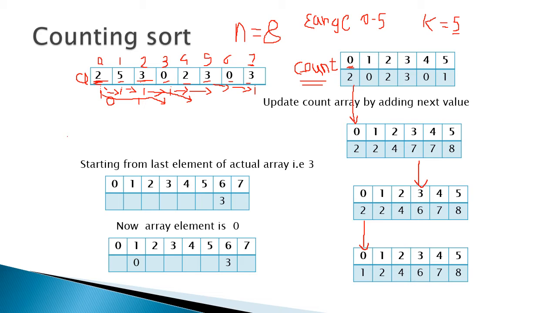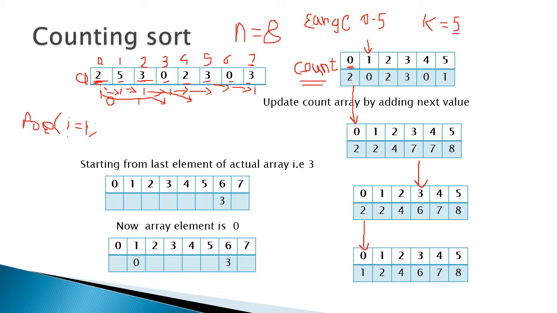Means we have to start our for loop from the first index, that is i equals 1.